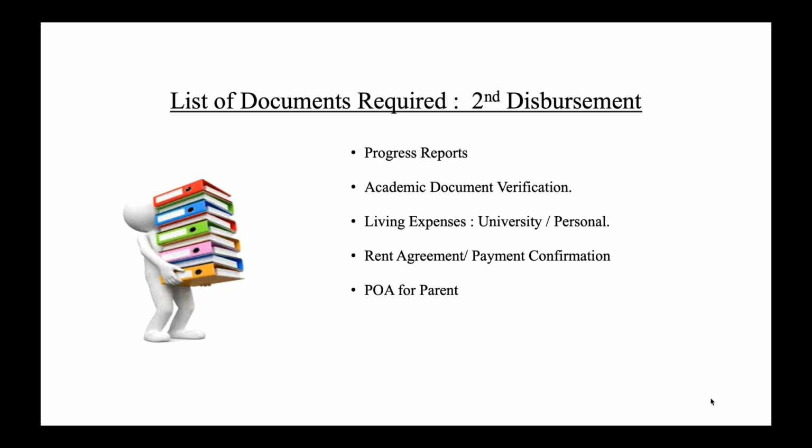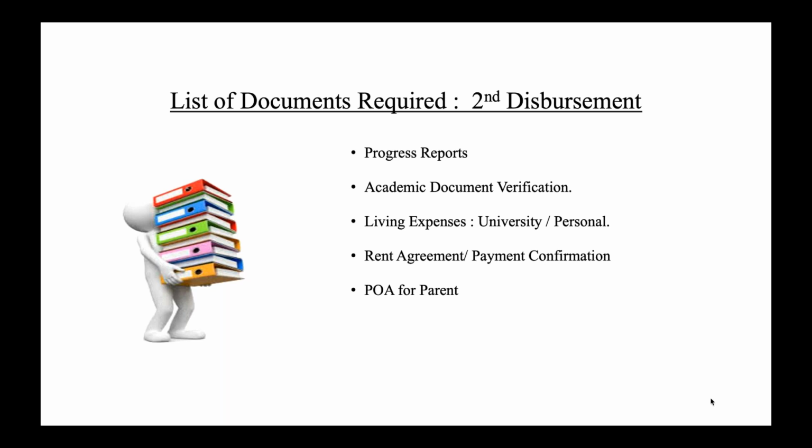The third thing is living expenses. Now, how would you look at it, university or personal? Which means if you're living on the university campus, you need a university receipt or something like that. If you're living off campus, you need to have a rent agreement or a payment confirmation to your respective landlord. This is very important.